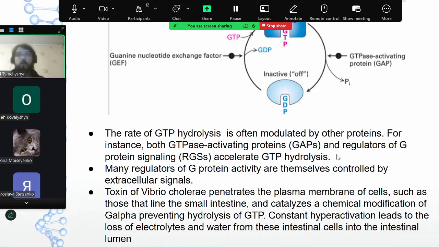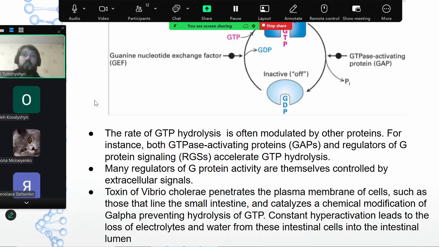And that's really good because you don't want your cells to be permanently hyperactivated and performing something you don't want to perform. The cell needs to respond adequately. If you have some signal from the outside, you respond. If you have no signal, you should not respond. Otherwise, it's a waste of energy and different resources.